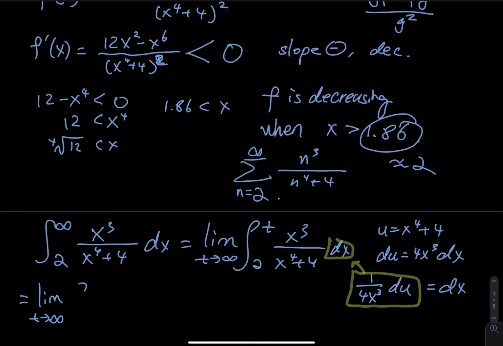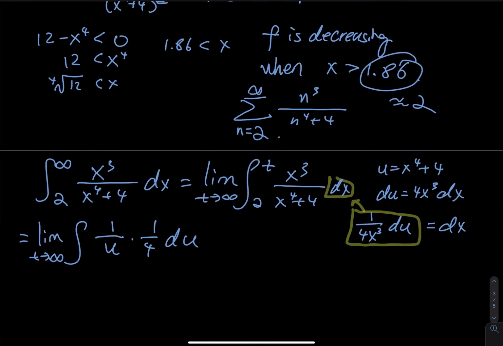So the x to the third is cancelled, then we have 1 over u, and you only have 1 over 4 du. All right, so because that is in terms of u, take the integral of that. The reason I don't put the lower limit and upper limit is because the 2 and the t are with respect to x. So we don't put the 2 and the t in there.